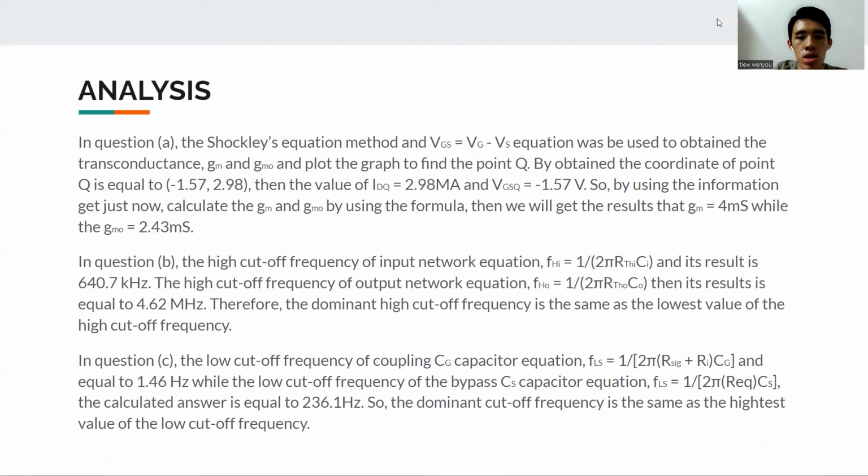Then we get the result that gm0 equals 4 millisiemens, while gm equals 2.43 millisiemens.